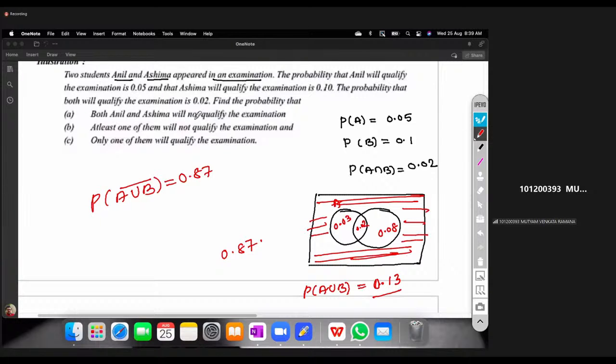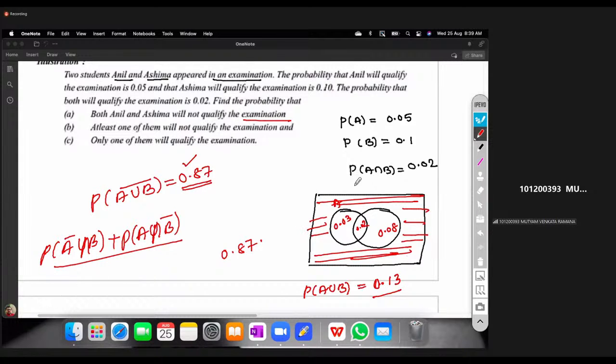Both Anil and Ashima not qualifying the exam is this one. Now, at least one of them will not qualify for the exam. So either both do not qualify, or one of them qualifies. So probability of A not qualified and B qualified, or probability of A qualified and B not qualified. You require this one.